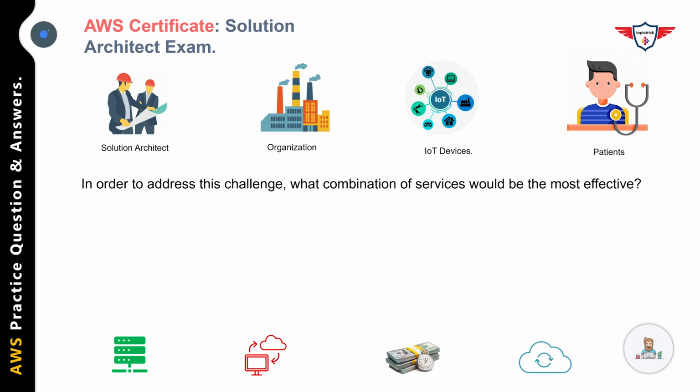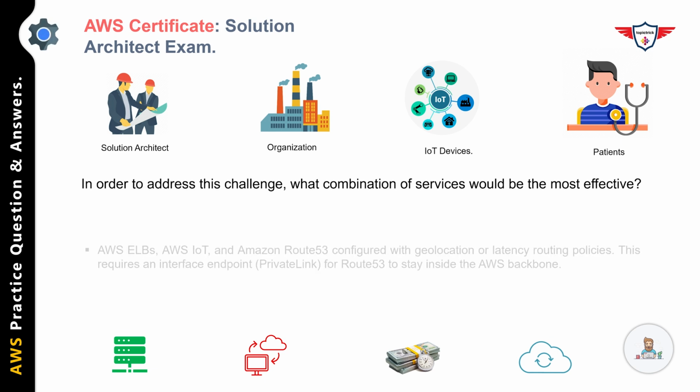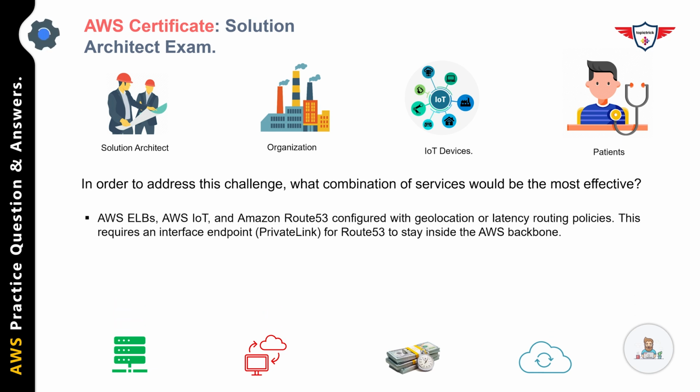Now the question is, in order to address this challenge, what combination of services would be the most effective? Your options are: Amazon Elastic Load Balancer, AWS IoT, and Amazon Route 53 configured with geolocation or latency routing policies. This requires an interface endpoint, that is PrivateLink, for Route 53 to stay inside the AWS backbone.